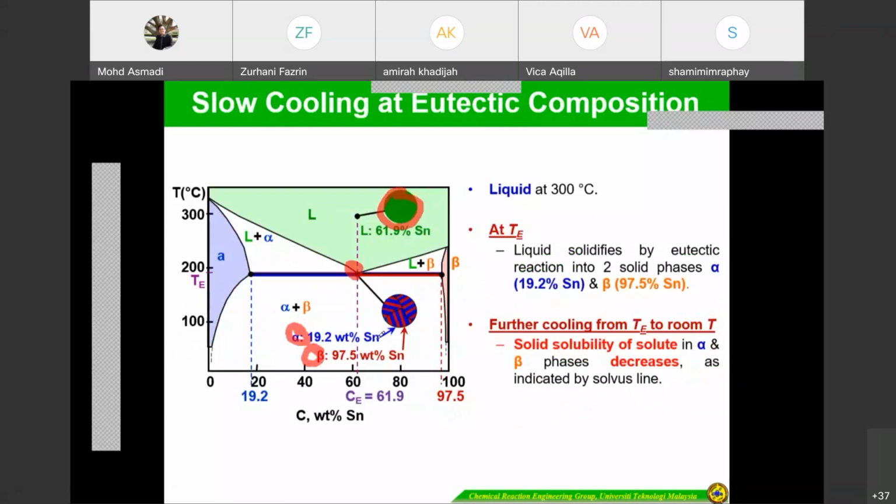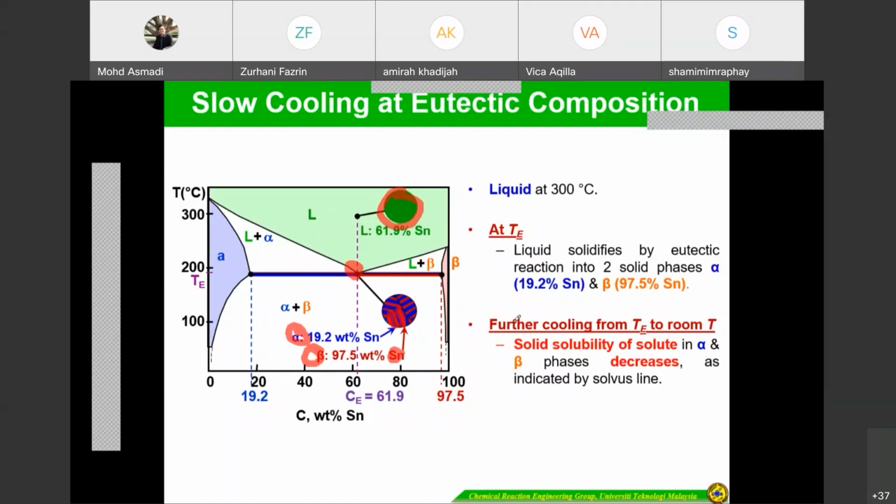Generally, for the alpha we use a blue color, and the sternum-rich phase has another color. So they have two phases already solidified: the liquid solidified by the eutectic reaction into two phases, alpha with 19.2% of sternum, and beta with 97.5% of sternum.